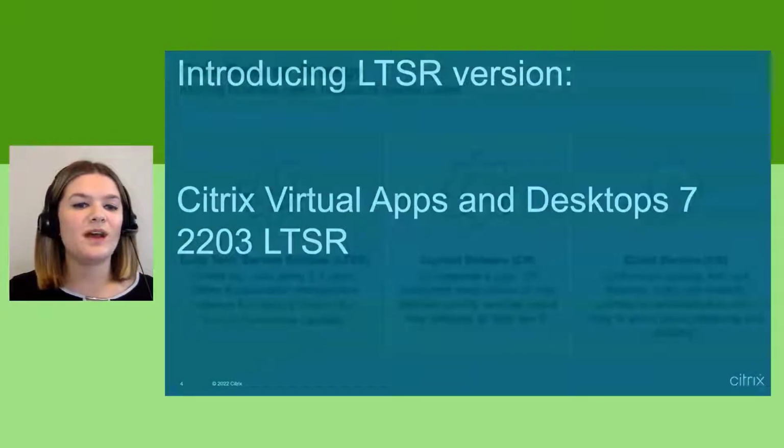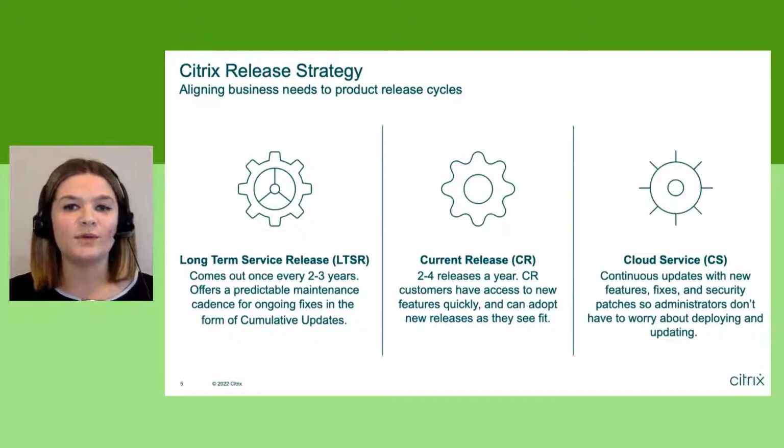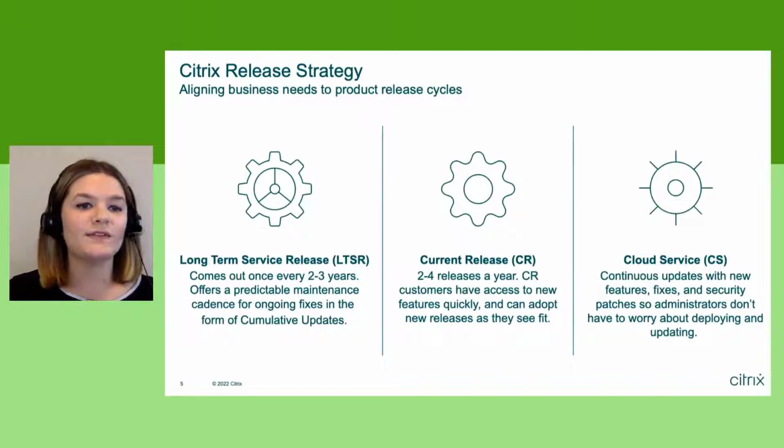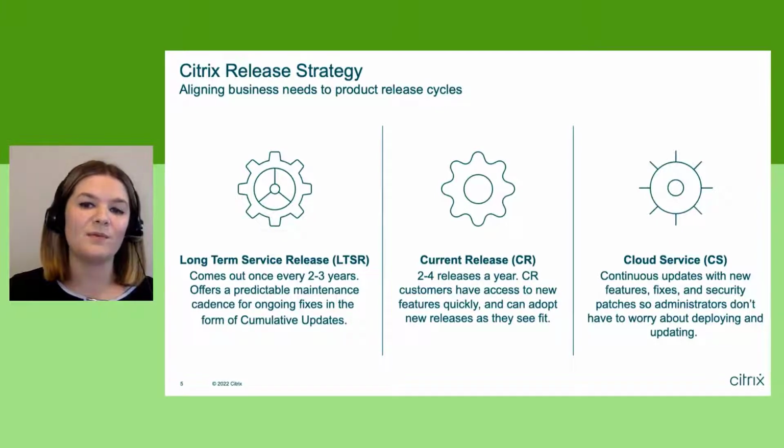For those of you that aren't as familiar with our release vehicles, or maybe the long-term service release specifically, the Virtual Apps and Desktops product line has 3 different vehicles for releases. Far left is the LTSR, and this comes out every 2 to 3 years. Those of you that have been with us for a while know the last one that came out was in December of 2019, being the 1912 LTSR.